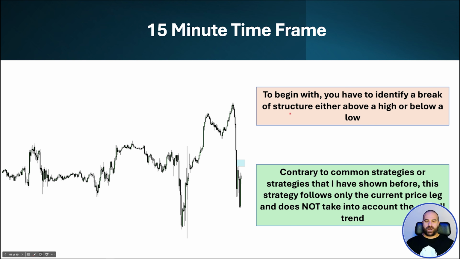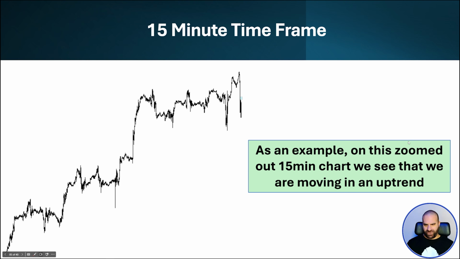Now, contrary to the common strategies where we're identifying the whole overall trend, in this strategy, we're not gonna be doing that. So instead of going ahead in the past and saying that here we are moving in an uptrend, so we are only wanting to buy, this is gonna be treated differently.